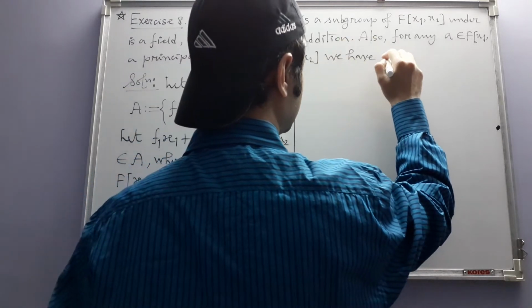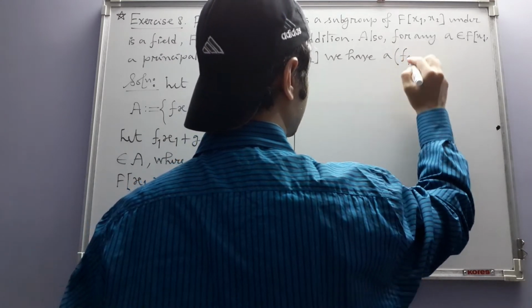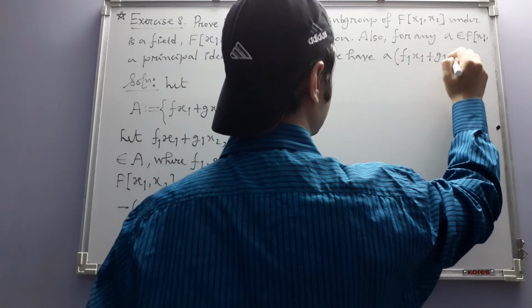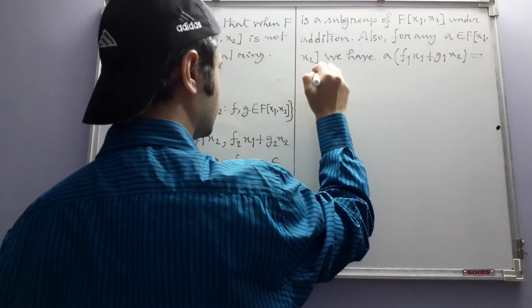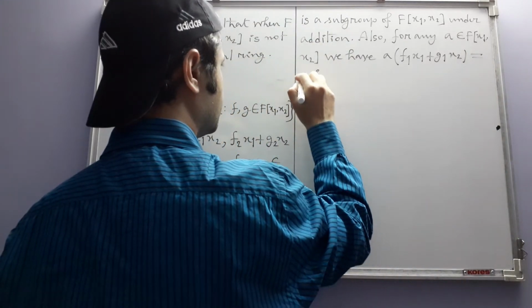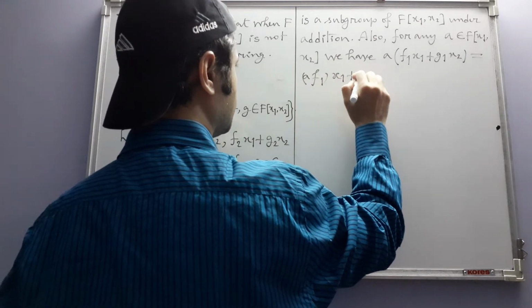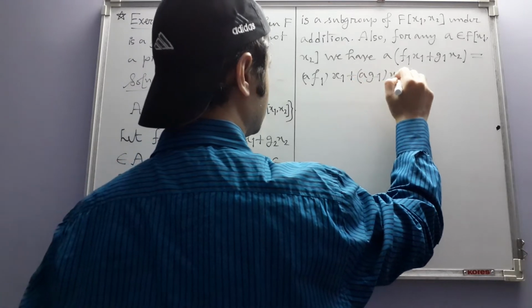We have a times f1 x1 plus g1 x2 is equal to a f1 x1 plus a g1 x2.